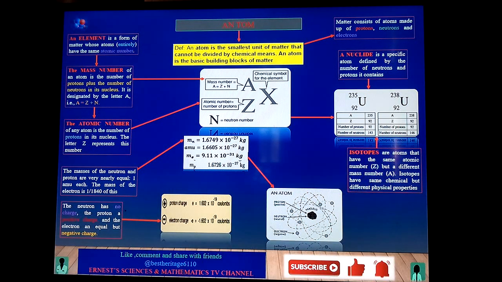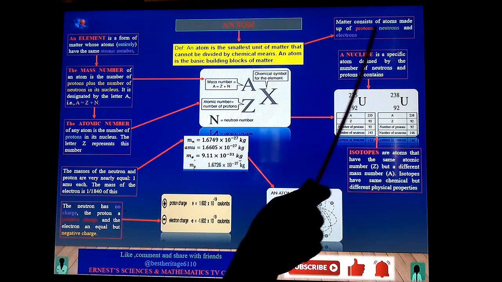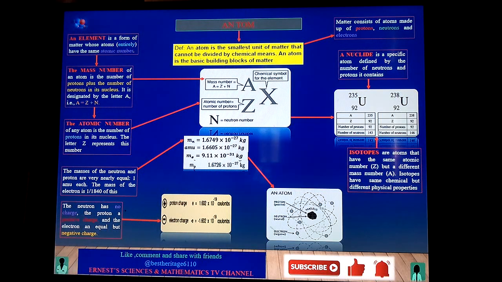Earlier in one of our videos, I discussed the concept of representation of an element. I'm going to presume that we understand the concept of atomic weight and atomic number being given, and the chemical symbol as such. The subatomic particles that I've stated have various characteristics in terms of charge and mass. An electron has a specific constant for its charge, given in coulombs, and so does a proton.